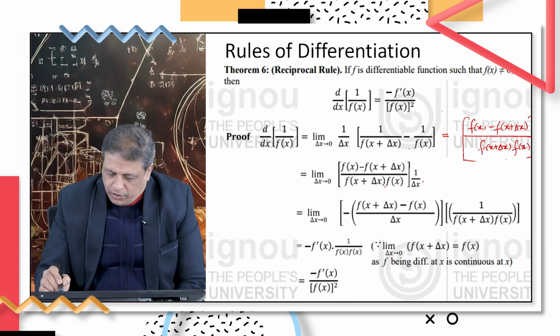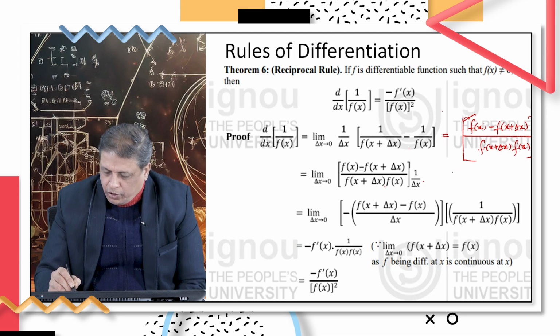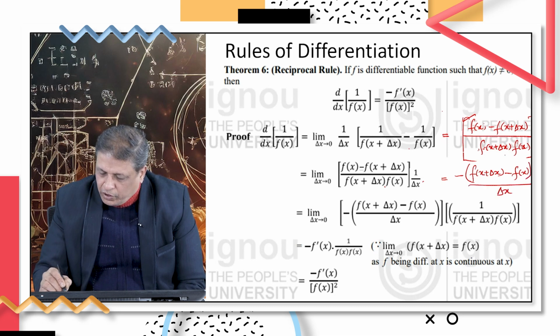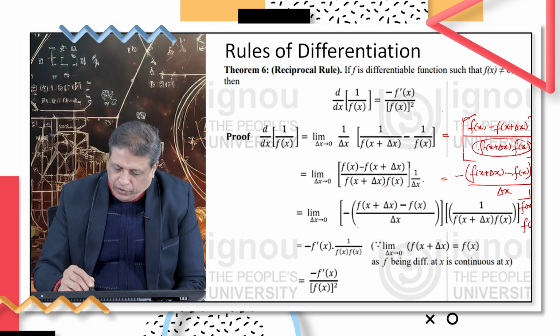So, taking the minus sign common from the numerator, you will get minus of [f(x + Δx) minus f(x)] divided by Δx, into what terms are remaining, these two terms, into 1 over f(x + Δx) into f(x). So, we got this expression.